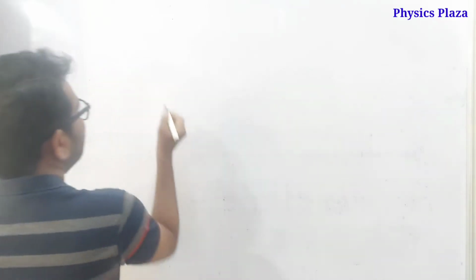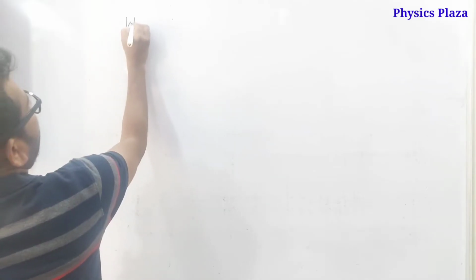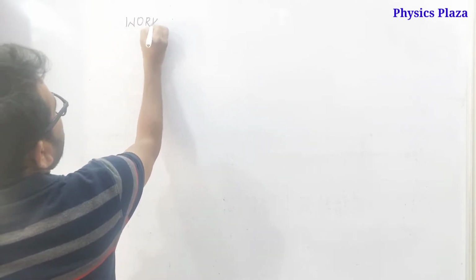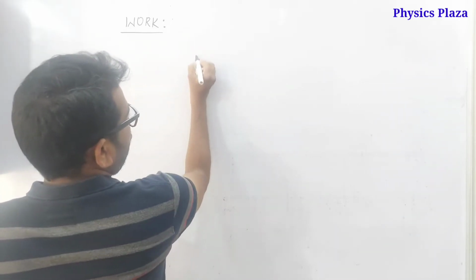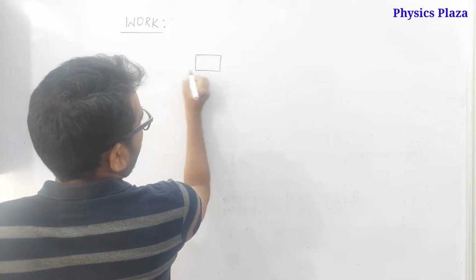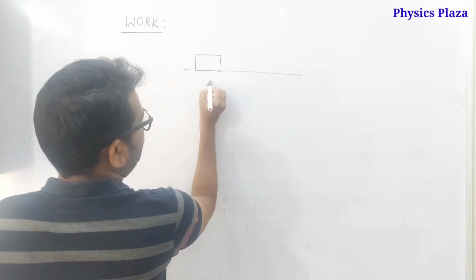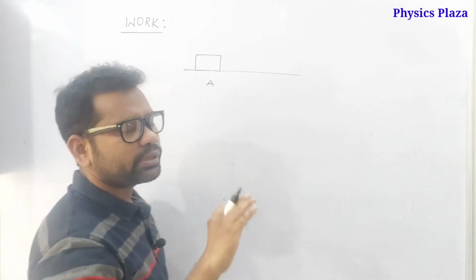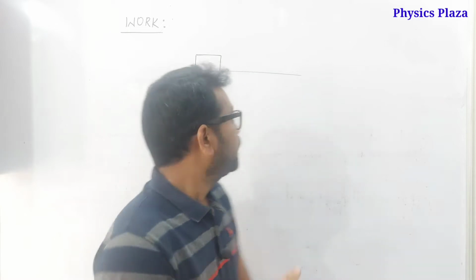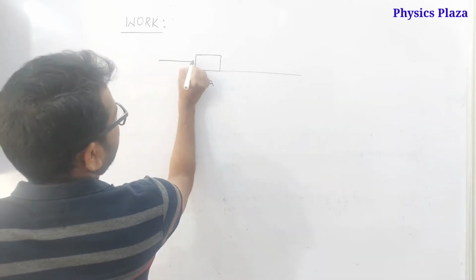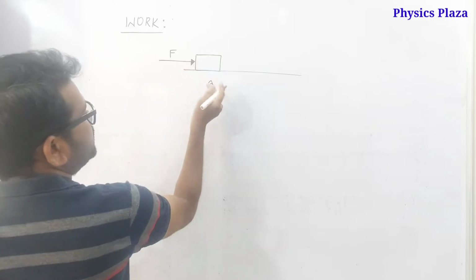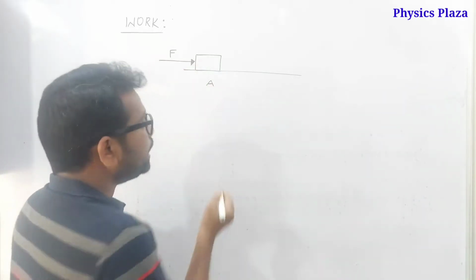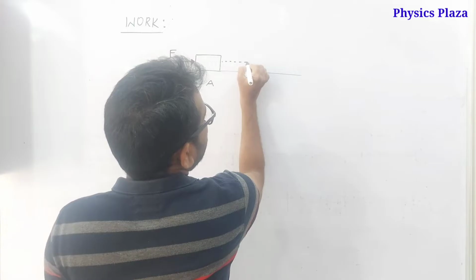So first, children, let us discuss work. What is work? Suppose here is an object placed at a point A, and initially it is at rest. Let a force F act on the body placed at point A, and the body is displaced.